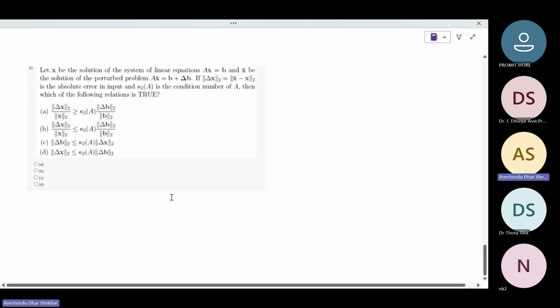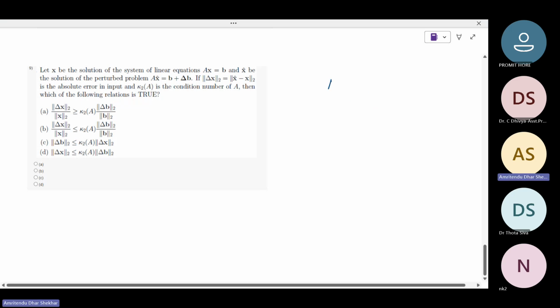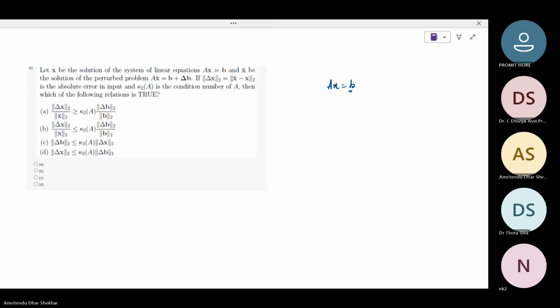In general, if you have Ax equals b, then this is a standard well-known fact that is there in the notes.